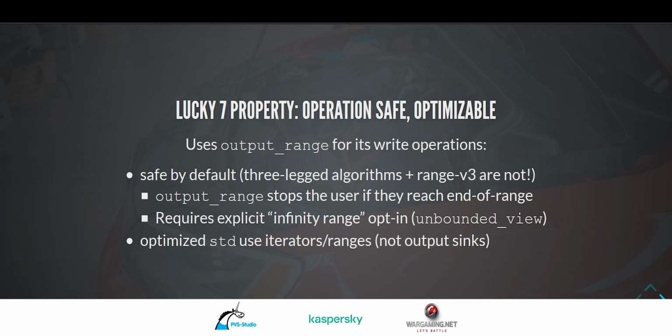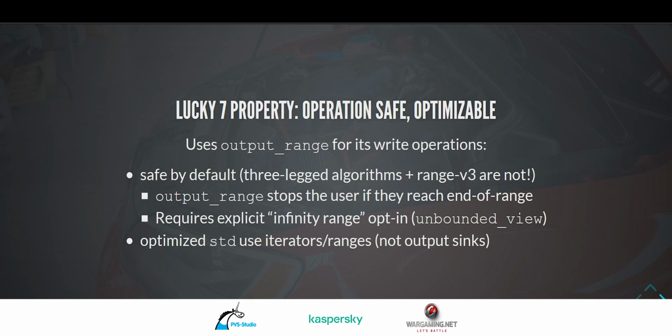Also, one of the things we have is an optimized standard that uses iterators and ranges. So we don't want to give an output function where you call the thing and you pass in some variable, and then you maybe get a return value that tells you if something went right or wrong. It's much better to use what we already have in the standard, with iterators and ranges in our entire algorithm.